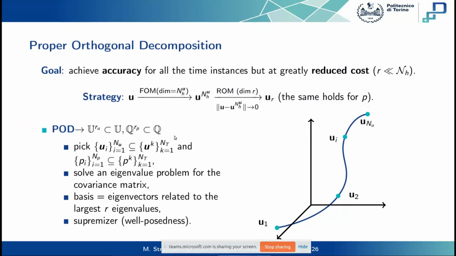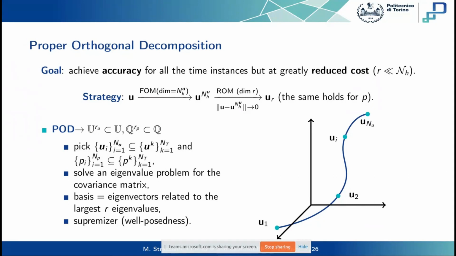For the offline phase, I use POD. POD is a compression algorithm. You look at the solution at several time instances, you build the covariance matrix of the snapshots with respect to the L2 product, and you solve an eigenvalue analysis on this covariance matrix. The covariance matrix is positive definite, so the eigenvalues are all positive.